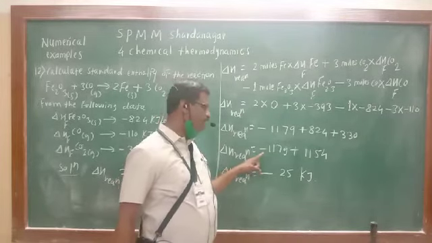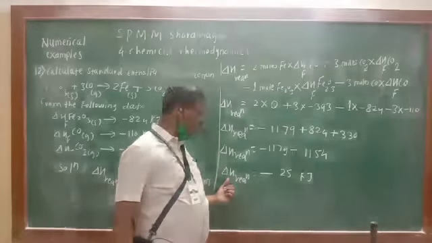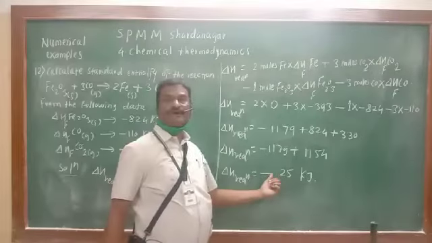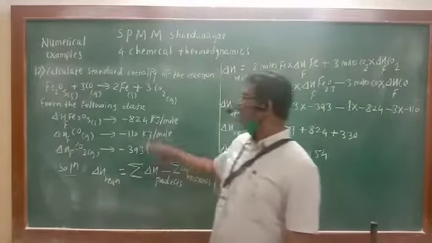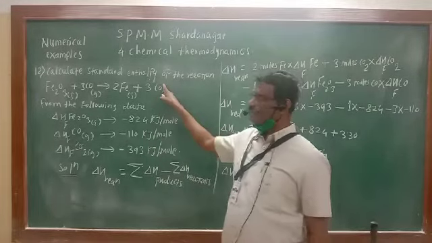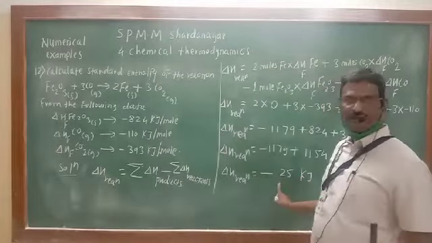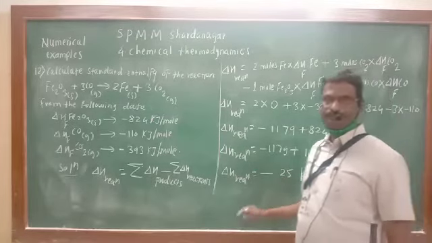The negative term is the bigger one. So negative minus positive, we give the sign of negative, and the answer by this subtraction is 25. Therefore delta H of reaction is minus 25 kilojoule. Enthalpy change of this reaction therefore is minus 25 kilojoule.